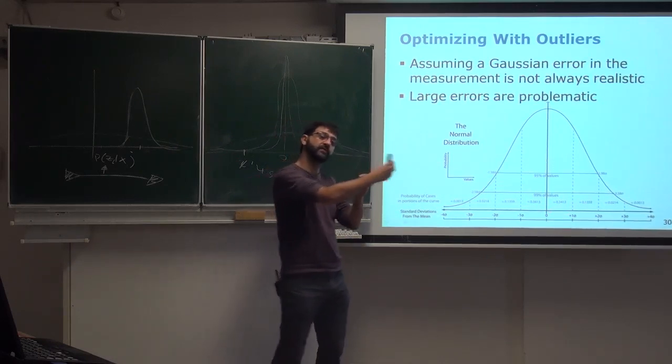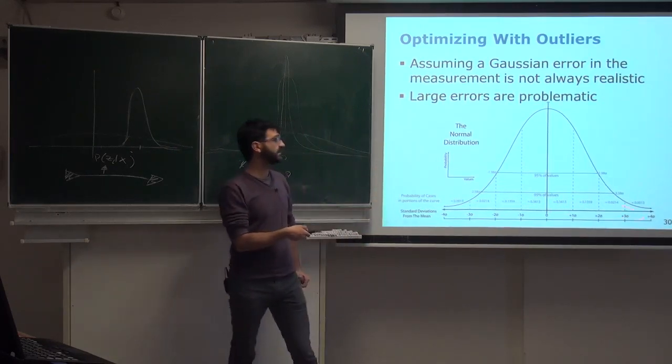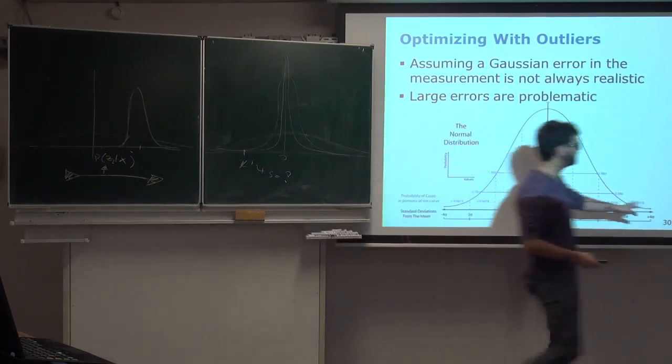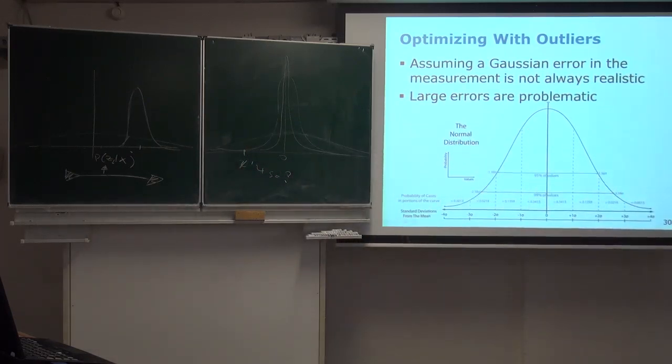Because under this Gaussian model, the further away we go from the mean, and by further I mean in terms of the amount of standard deviations, the less likely something is, okay? Which means if you get something very far away, let's say somewhere around here, the optimization will think this is very unrealistic, it's almost impossible for this kind of error to happen, therefore I have to make a trade-off and come as close as possible, okay?